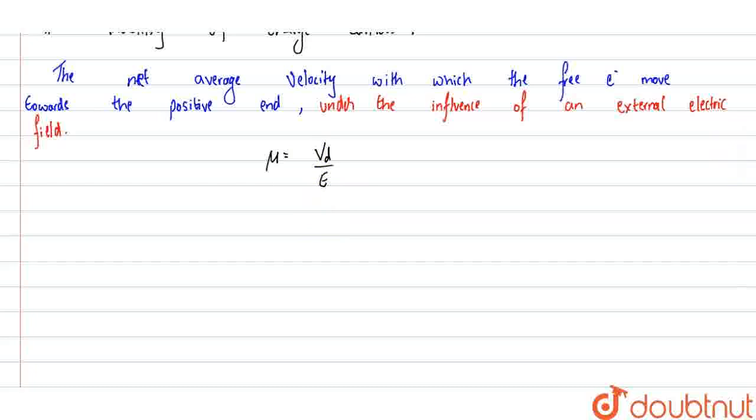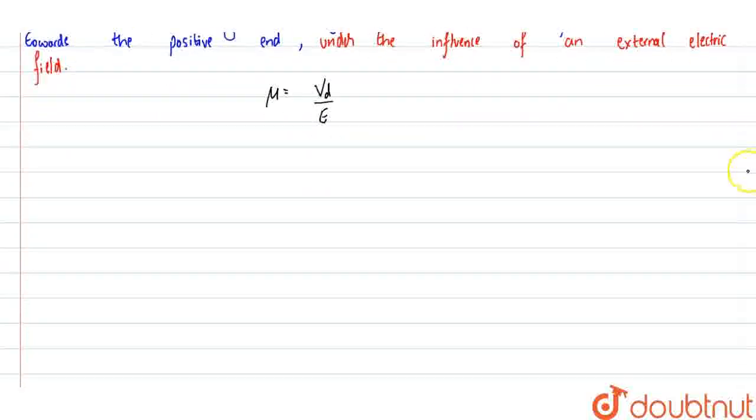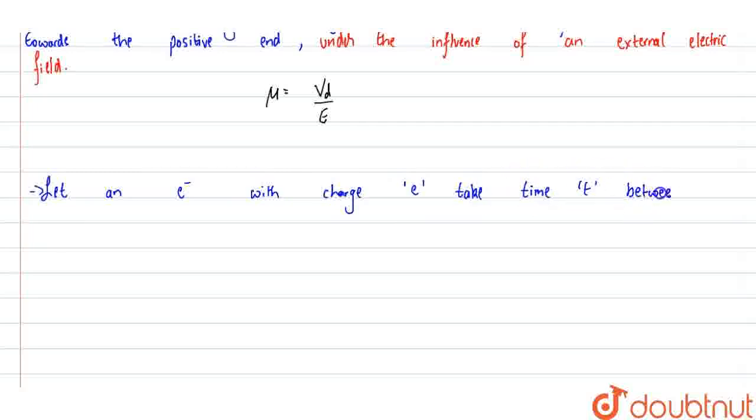Alright, for the next part of our question, we have to obtain a relation between mobility and relaxation time. For that, we first need to find the relation between drift velocity and relaxation time. So let's do that first. Let an electron with charge e take time t between collisions.